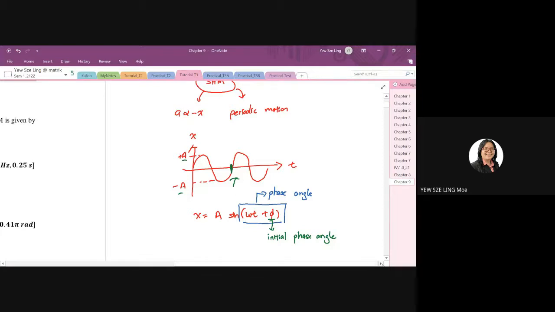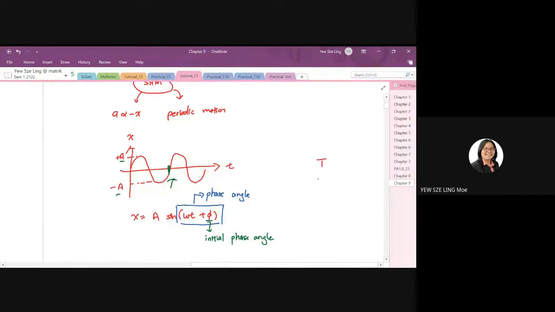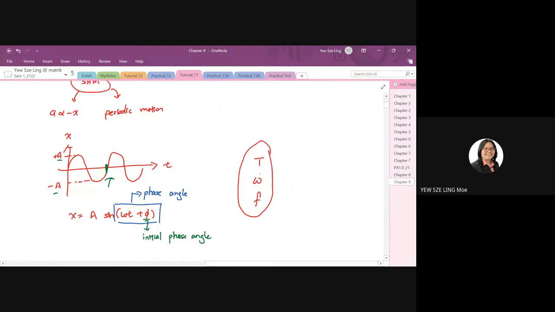Why is it so important to get the value of the period from the graph? Well, because in chapter 9 there is one very important thing you need to remember: T, ω, and frequency are one family. If you are given the period, then you can calculate ω. If you are given the frequency, you can also determine ω. And if you are given T, then you can calculate f.